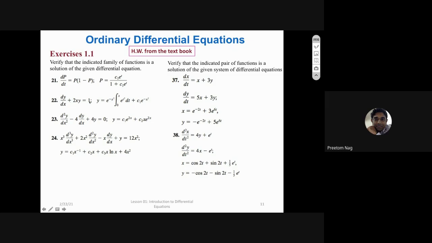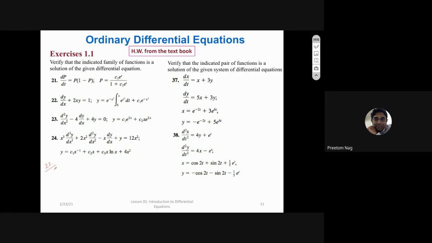Can you please verify that dy by dx plus 2xy equals to 1, for this differential equation, this is the solution. So in this case, your solution is a little bit different, a little bit complicated. So we will try to go from here to the differential equation. Let's see how we can convert 22 into the differential equation.